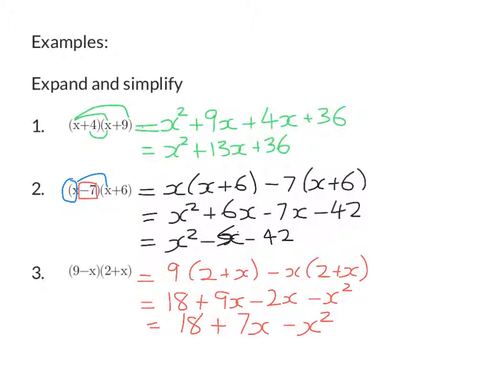Or again, we could just do this, 18 plus 9x minus 2x minus x squared, and that would take me straight into this line here. It's fine either way, just always be careful with negative signs in these. Okay, on to the last slide just for 3 more examples.